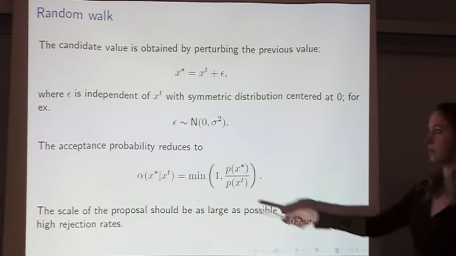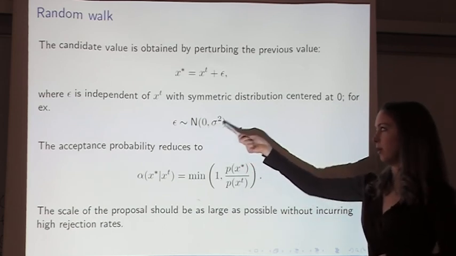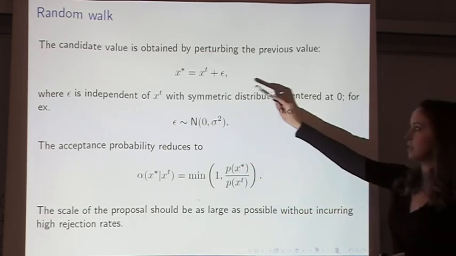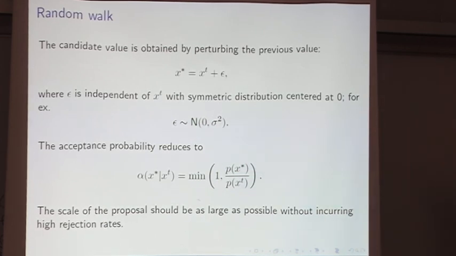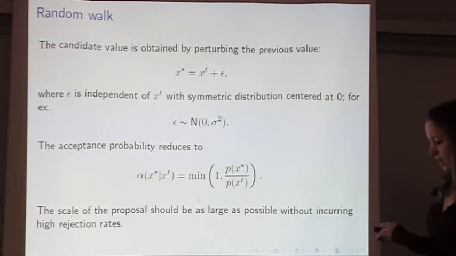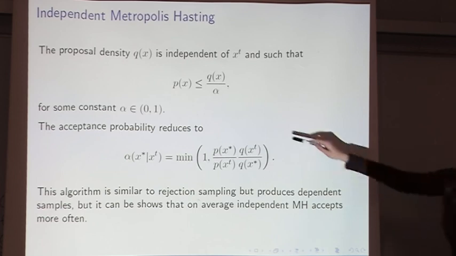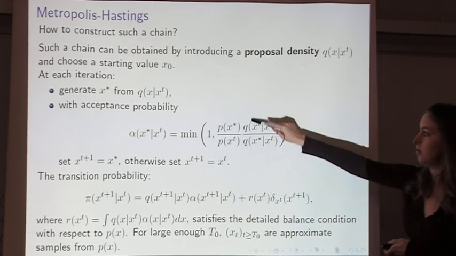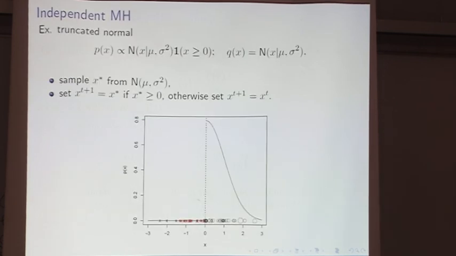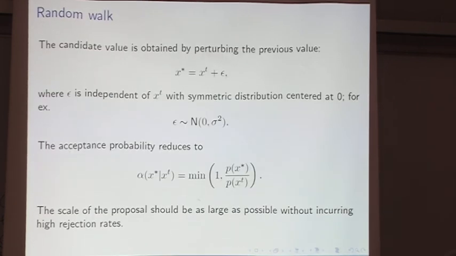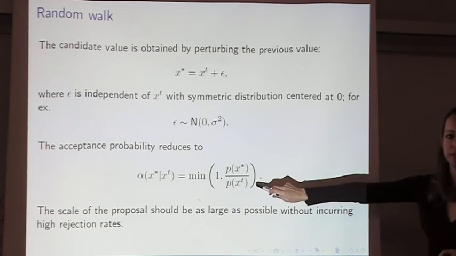Typically, we choose this to be a normal distribution with some variance. Or if this is multivariate, this will be a multivariate normal with some variance covariance matrix. In this case, because the proposal distribution is symmetric and centered at our current state, this ratio here cancels out, so that our acceptance probability reduces to this term.